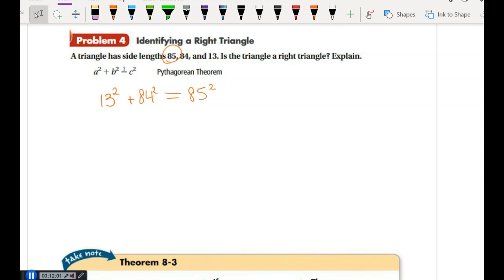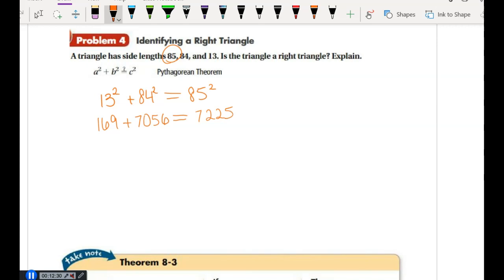So what is 13 squared? It's 169. Now what is 84 squared? It is 7,056. Now what is 85 squared? 7,225.